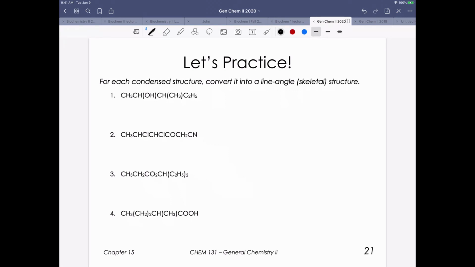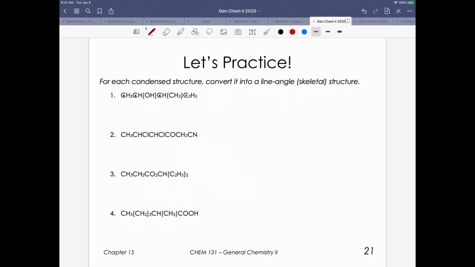All right, so remember, when we take a condensed structure and draw it into a skeletal structure, the first thing I want to do is mark down, and let me do this in red so we can see it better, dots where all of my carbon atoms are. Notice I don't want to put a dot here. This is in parentheses, so that's not going to be part of the main chain.